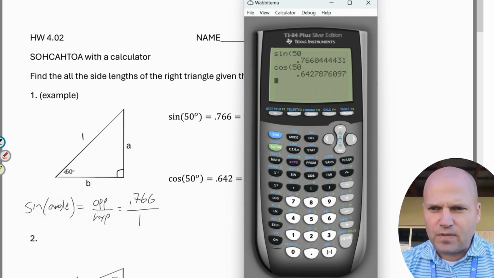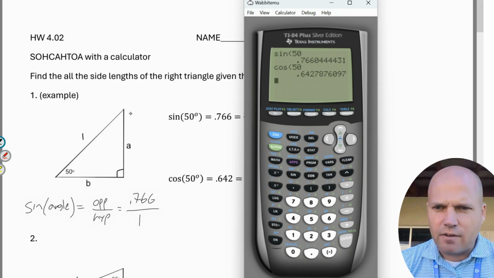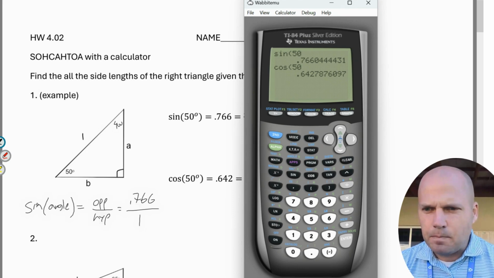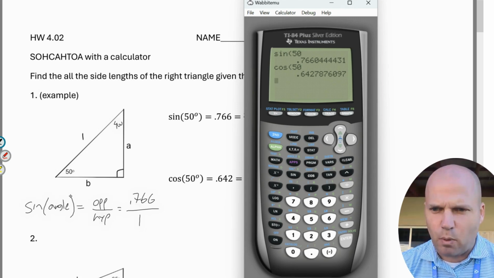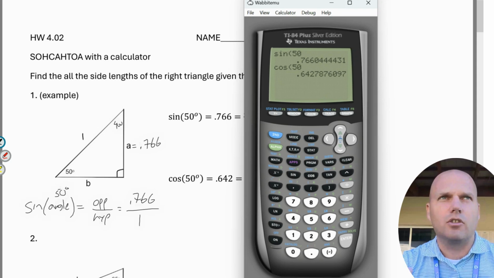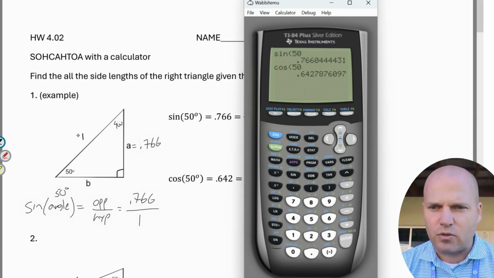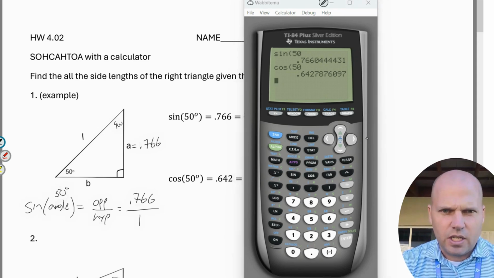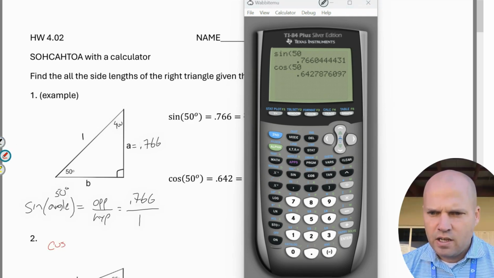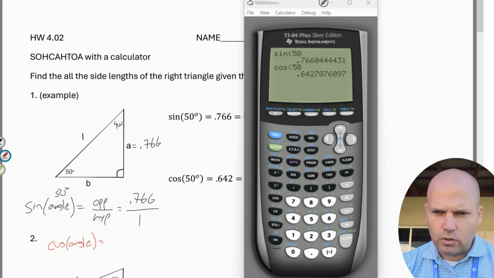So that means if I have a 50-degree angle in a right triangle, this would be 40, and the sine of 50 degrees is 0.766 over 1, then I know one representative of a triangle with 50-degree angles with a hypotenuse of 1, the opposite would be 0.766 versus the adjacent would be 0.642, because the cosine of an angle equals the adjacent over the hypotenuse.